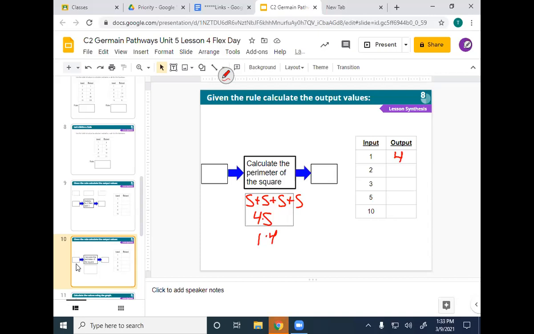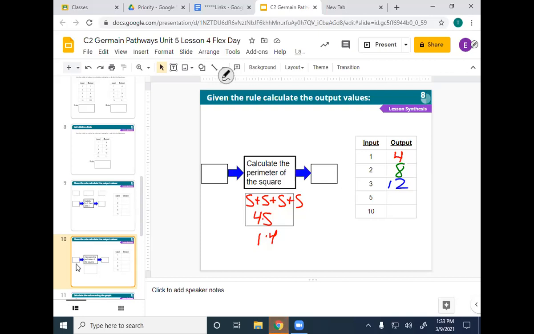Very good. Now we have an input of 2. What is my output going to be? Annie? 8. Do we agree? Very nice, Annie. Now we have an input of 3. Jonah, what are we going to get for an output? 12, because we multiply that input times 4 to get 12. Very good. Ooh, now we're going a little bit further. An input of 5.